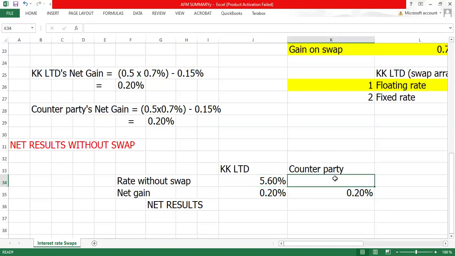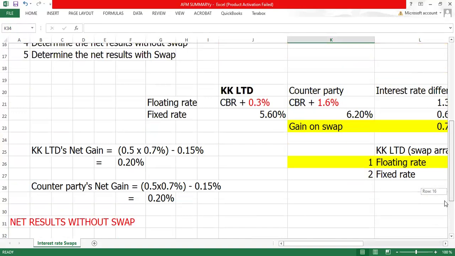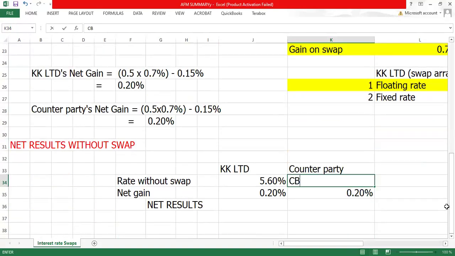Because here we have started with the fixed rate, for the counterparty we must start with the floating rate. What was the floating rate of the counterparty? CBR plus 1.6.